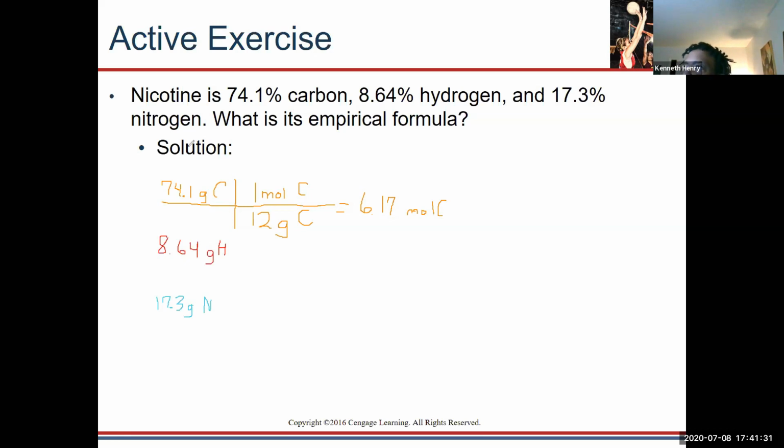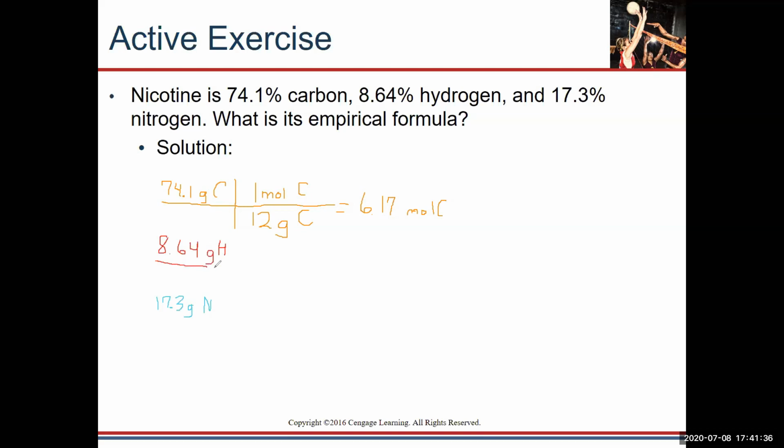Okay, so now hydrogen. You do the same thing and you divide it by 1.